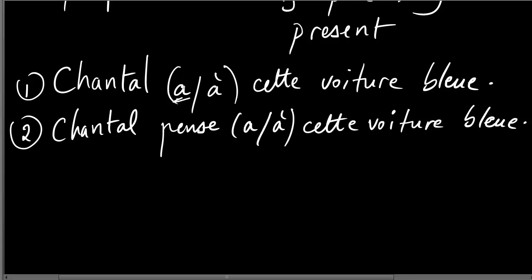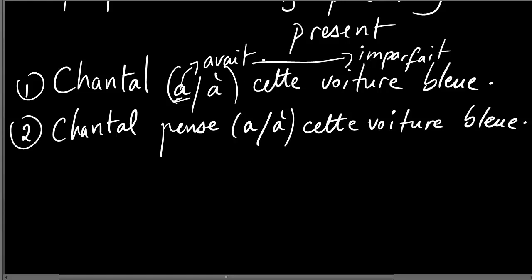In order to know if a without an accent should be used, you can simply replace that with avait. That's the trick. Replace a by avait. Avait is the imparfait, the imperfect tense, and it means had.